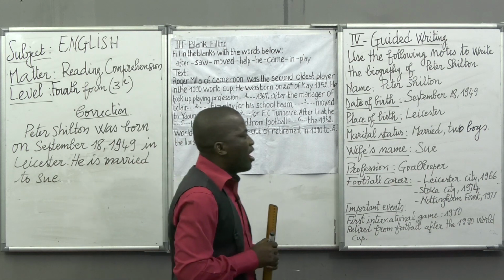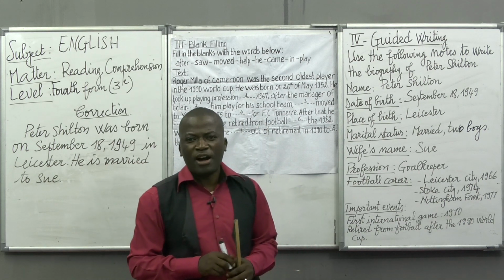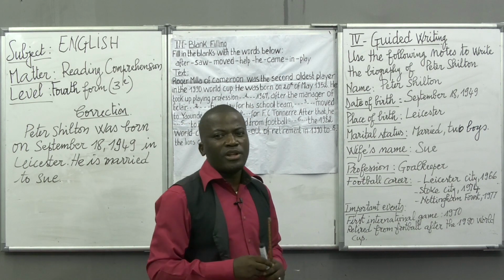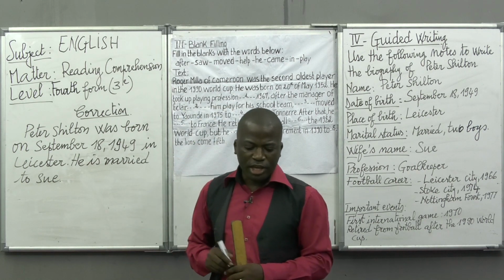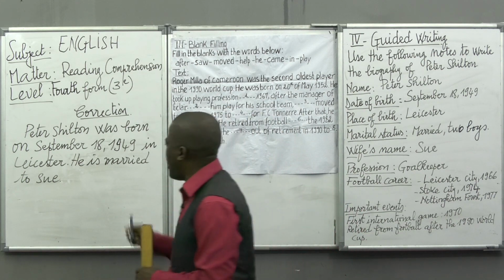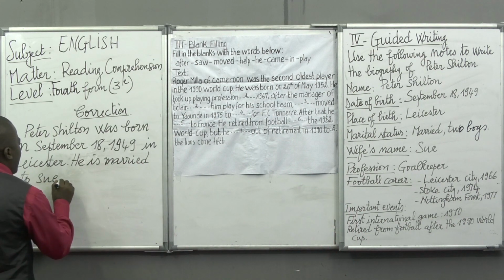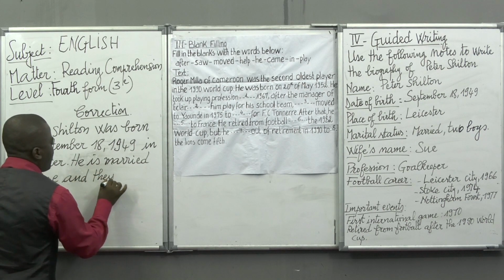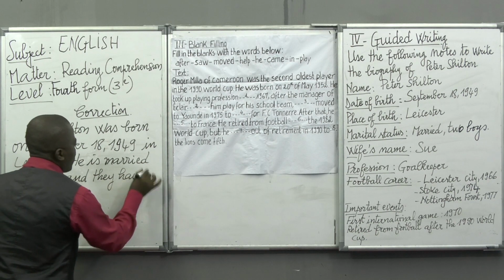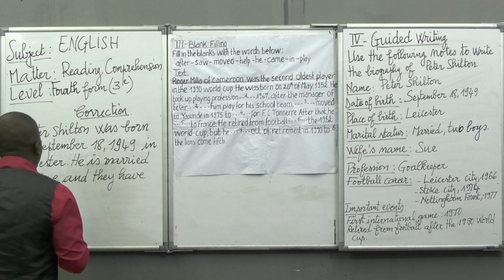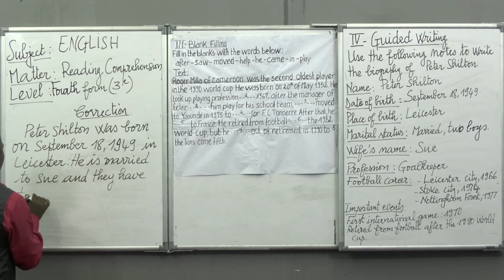That's the name of his wife. Now, how many children do they have? They have 2 children, then 2 boys. Okay. Then we're going to say, he is married to Sue, and they have 2 boys.